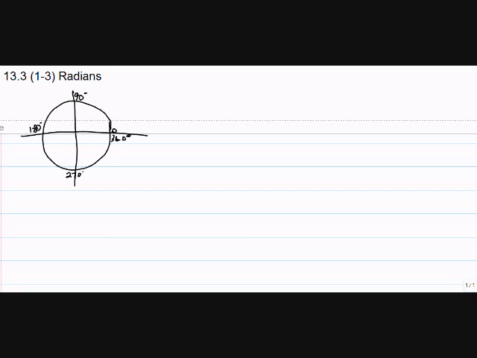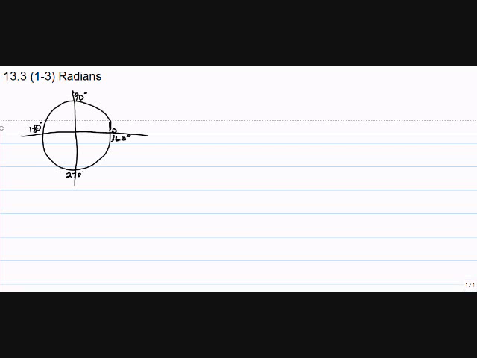Well, I would basically say it's arbitrary. We could have split the circle into 10 parts and gone 0, 2.5, 5, 7.5, 10. Why not? The reason they picked 360 is because it has a bunch of factors. Well, those are degrees.